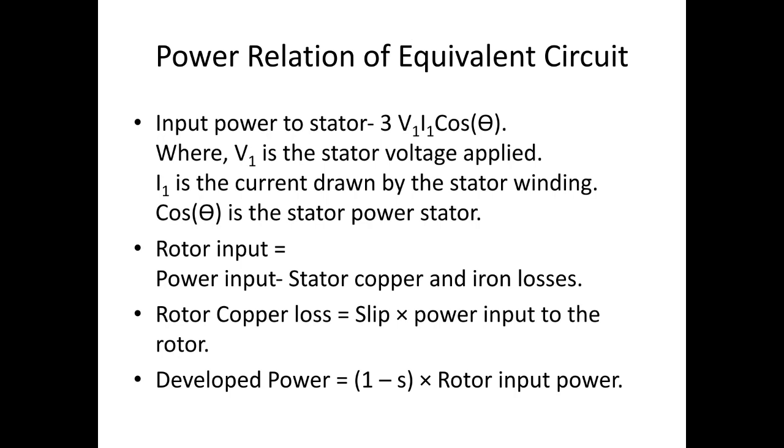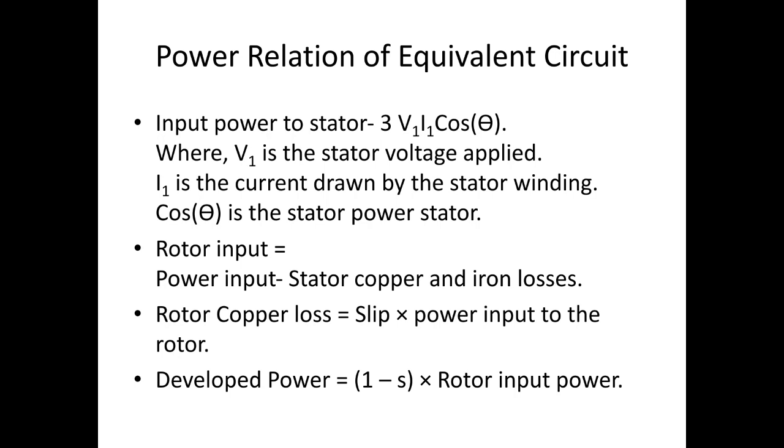V1 is the stator voltage, and I1 is the stator current. For the rotor input, what we have to take into account is the power input minus the stator copper loss as well as the iron loss. Because in the stator, both copper loss and iron loss are present, so I reduce both, and that power is given to my rotor input.